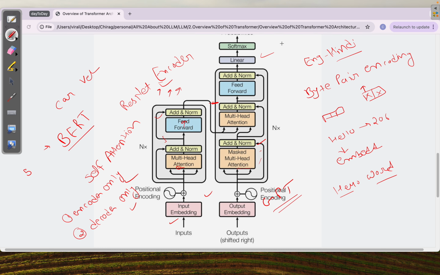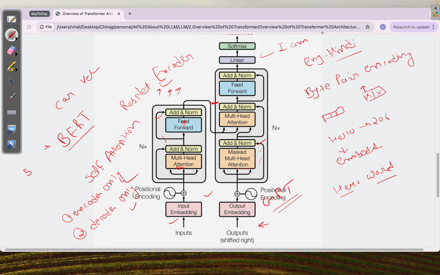Let's say it predicts some word, let's say I. Then this token will be provided again to here, right? So it will use the word predicted at the previous timestep and the encoded information from the input provided by the encoder, process them together and predict a second word.